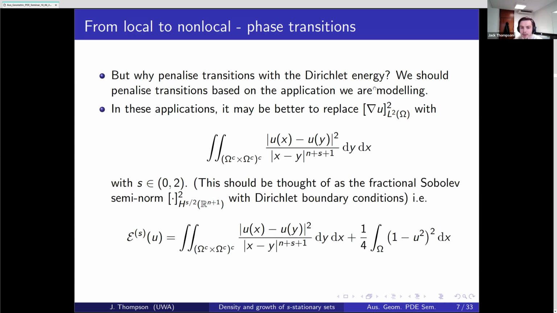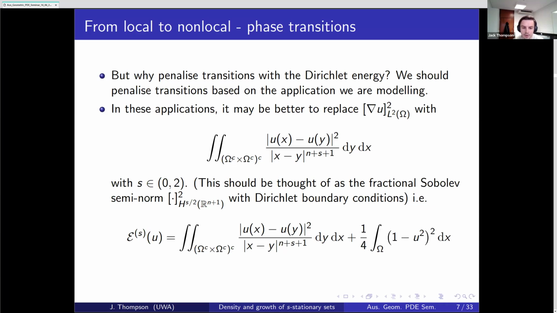Now, when we make this assumption, what happens is we replace the Dirichlet energy with this integral here. And this comes from probability theory. You replace the diffusion and you try to find the energy, and this is what you obtain. What this really is, is a fractional Sobolev norm.